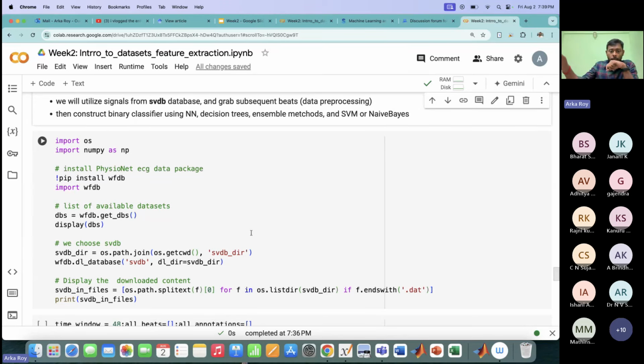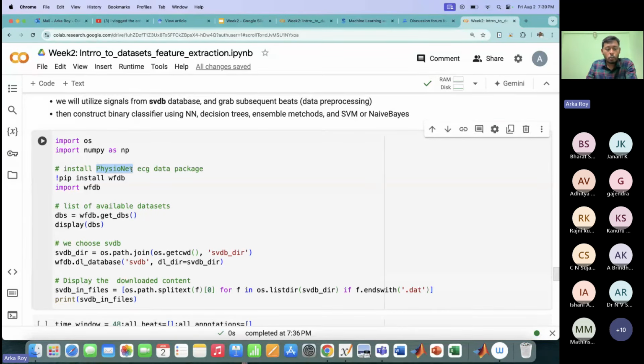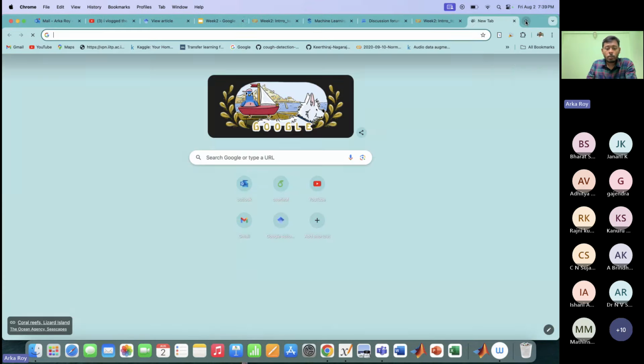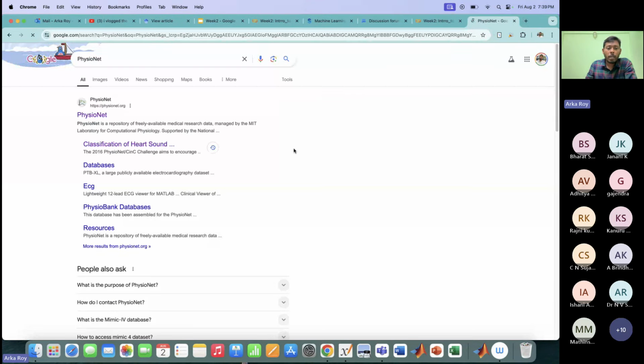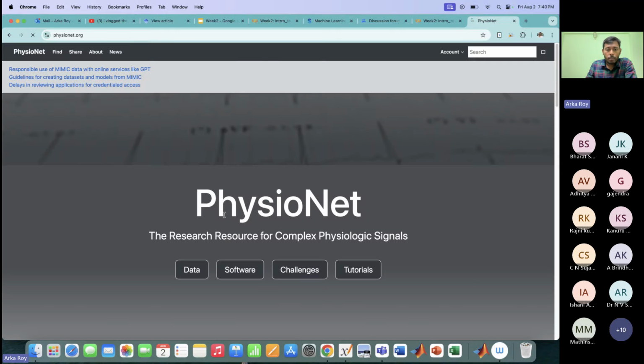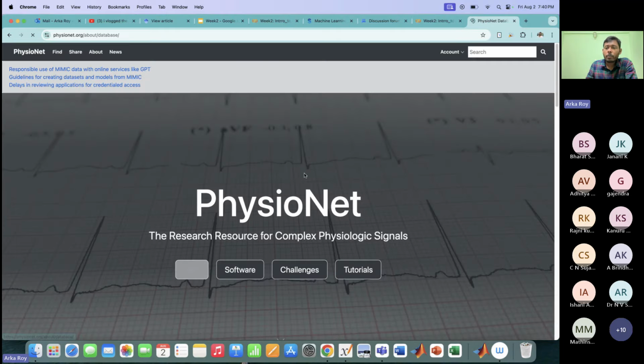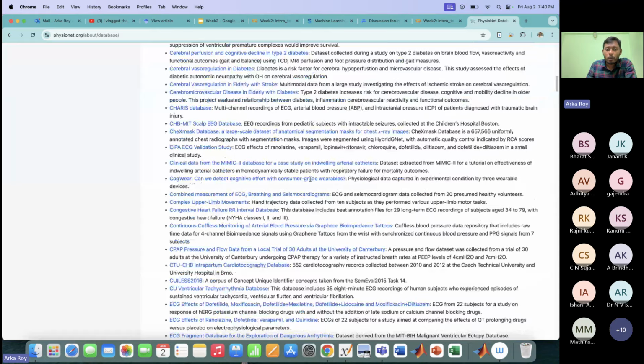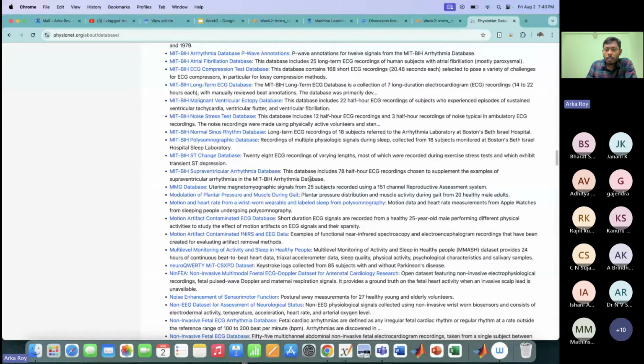data from a website. There is a website called Physionet. If I just show you, Physionet is a very big website for biomedical data scientists. Physionet comprises datasets in n number of repositories. You can see all these are repositories of data.